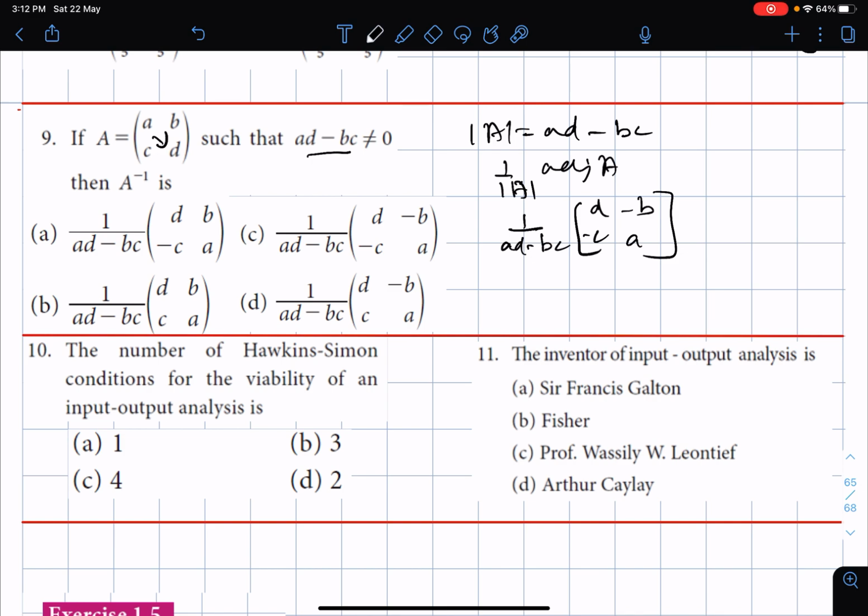So for the ninth one also your answer is going to be C. So you are going to take the answers.